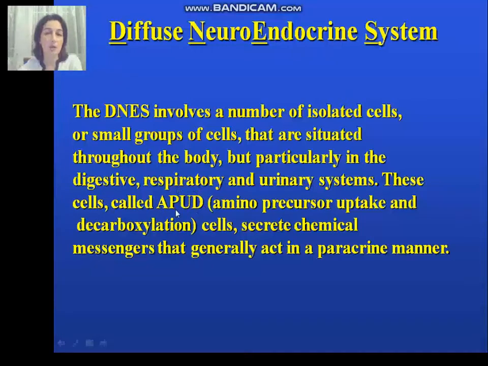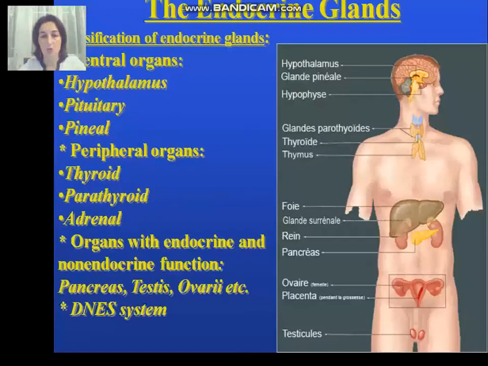So a main feature of the cells that compose the DNES is their ability to take up amino acid precursors, amino precursors, and to decarboxylate them. They act mainly in a paracrine manner because, as I mentioned, they control the functions of nearby cells and tissues.